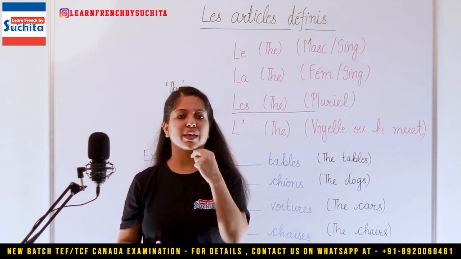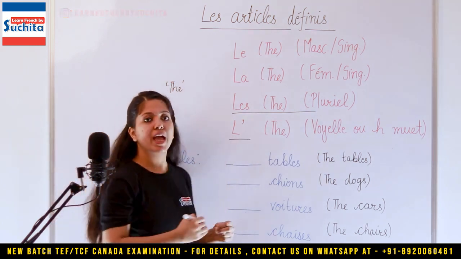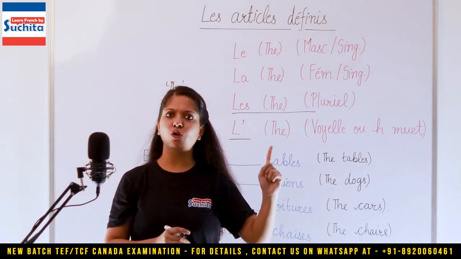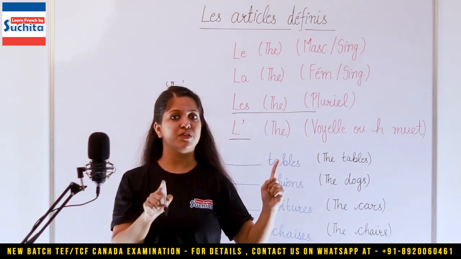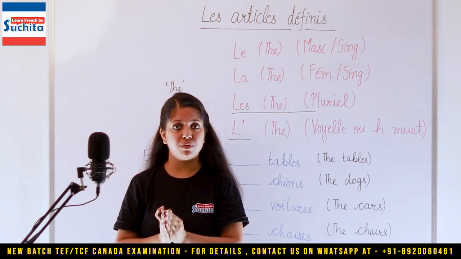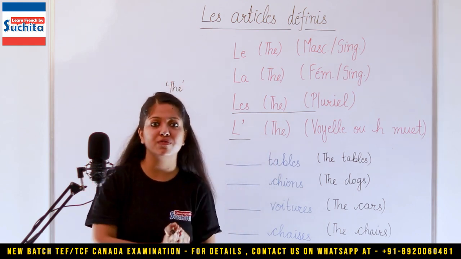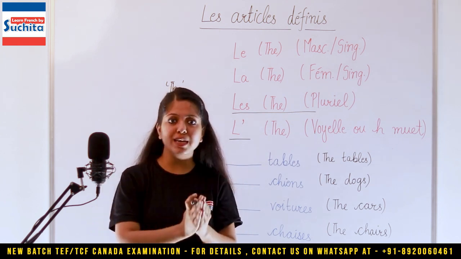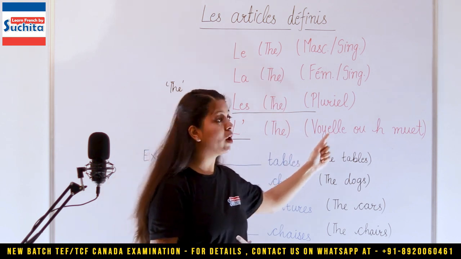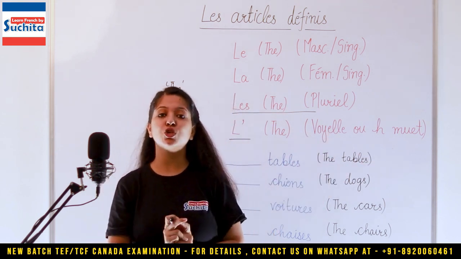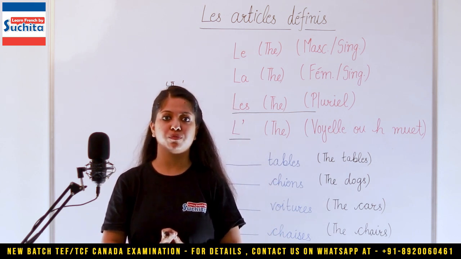Second, L apostrophe. First always check, is the noun plural? If it is not plural, move to the next one. If it is singular and it begins with a vowel or the silent letter H, in that case you put L apostrophe.